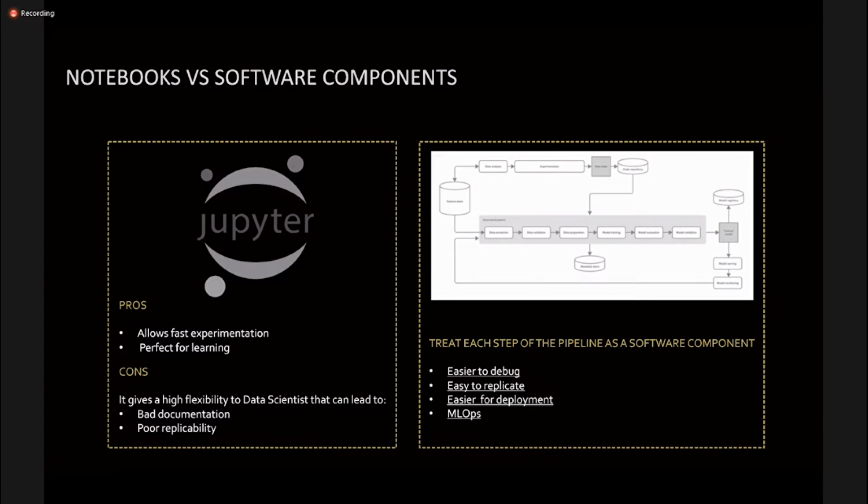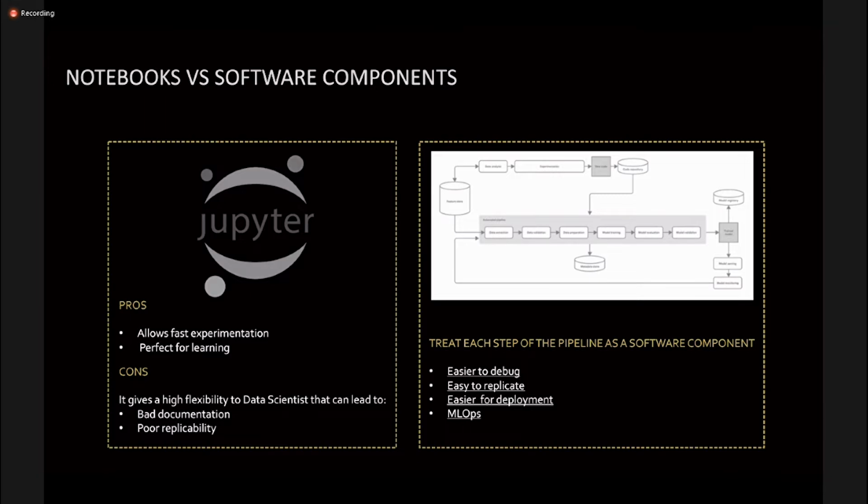But they have a very big issue, and that's when you are used to build very bad notebooks, let's say it that way, that can lead to bad documentation and poor replicability. What do I mean by that?